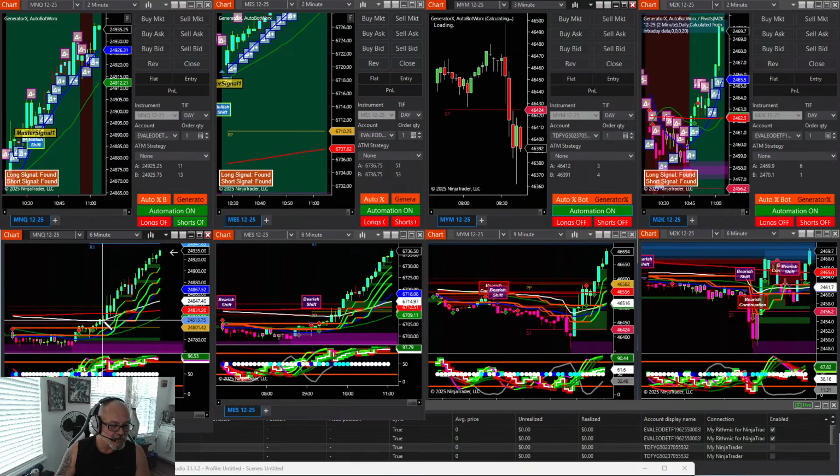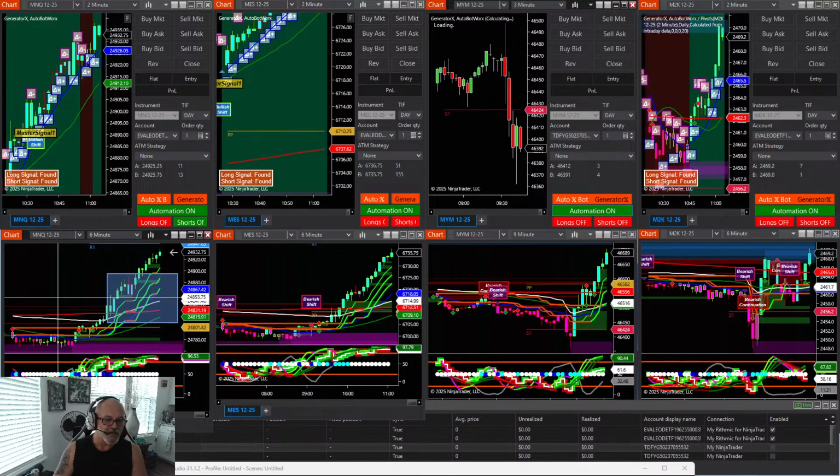okay, so from here, the low from the open to the 10:30 candle, which would be this high here, and we pull that over. That's our initial balance. Now we've broken above the initial balance. So what I would be looking for is a pullback down to the initial balance to retest it.